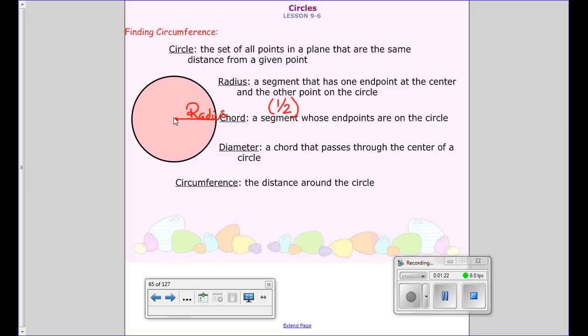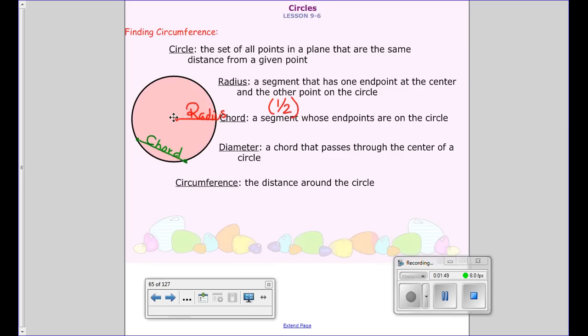Then when we talk about a chord, that's just a segment that has both endpoints on the circle. So for example, from here to here, I could make a line, and this would be considered a chord. Again, as long as both endpoints are on some part of the circle, we have a chord. Then the diameter is a chord that passes through the center of the circle, so it goes from one end all the way to the other, going through the middle.